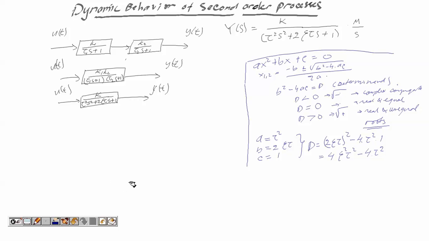The first case, if D is more than 0, meaning 4 tau square times zeta square minus 1 is more than 0, meaning that zeta square is more than 1, or zeta more than 1.